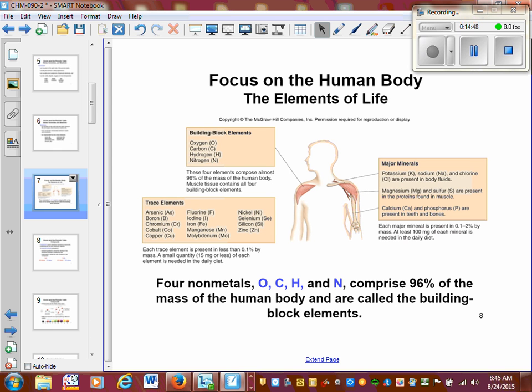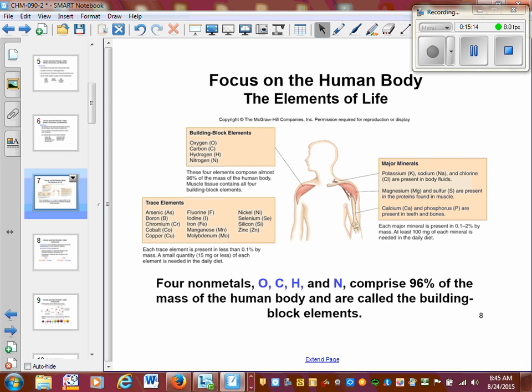Your major minerals, potassium, sodium, chlorine, are present in body fluids. Magnesium and sulfur are present in proteins. Calcium and phosphorus, teeth and bones. Take calcium supplements. Then you have trace elements. Arsenic. Yes, you have arsenic in your body.